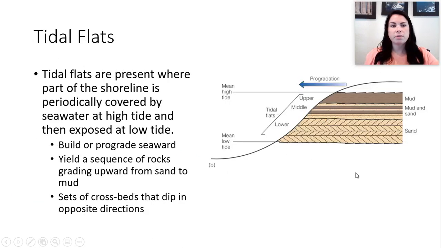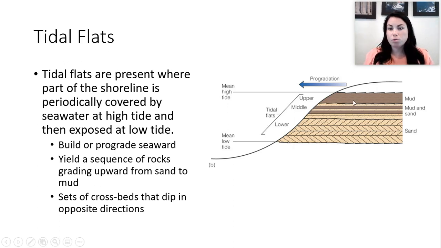So here's an example of a tidal flat. Tidal flats are present where part of the shoreline is covered by seawater at high tide and then exposed at low tide. So we would build or prograde seaward. And so we get a sequence of rocks. And again, this gives us clues telling us what type of environment it is.